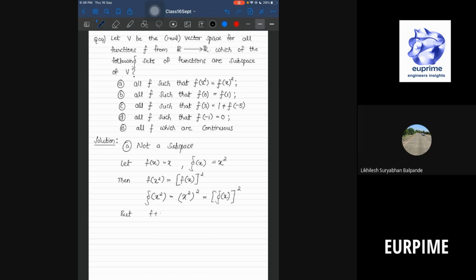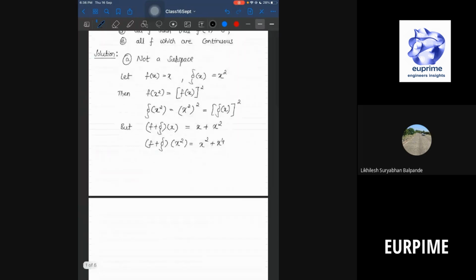But f plus g of x is equal to x plus x square. f plus g of x square is equal to x square plus x power 4, while f plus g of x whole square is equal to x plus x square whole square, which is x power 4 plus 2x cube plus x square.